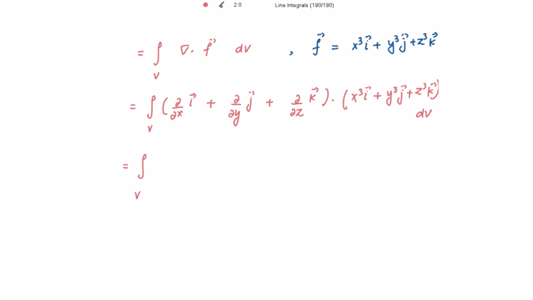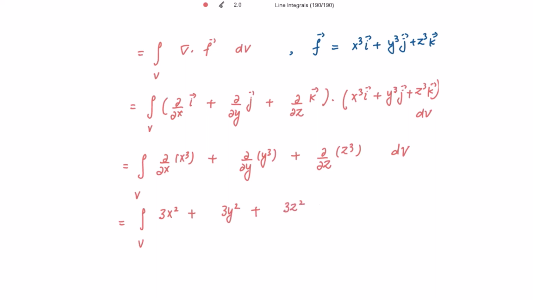So taking the dot product, we get curly by curly x of x cube plus curly by curly y of y cube plus curly by curly z of z cube dv. So this is equal to the volume integral of curly by curly x of x cube, deriving x cube with respect to x, that is 3x square, plus curly by curly y of y cube is 3y square, and curly by curly z of z cube is 3z square.